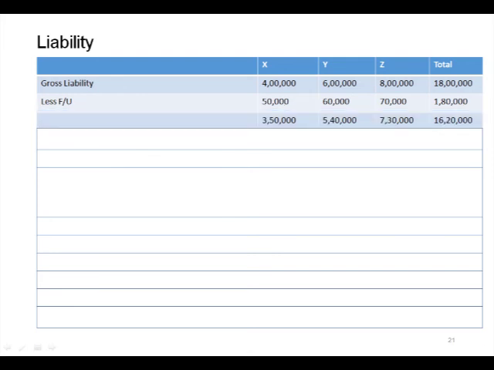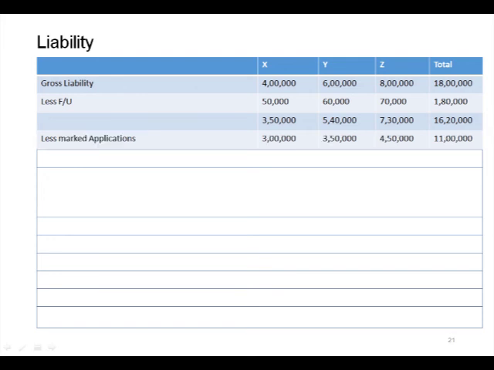The remaining liability is 3,50,000, 5,40,000, 7,30,000 of X, Y, Z respectively. The total liability is 16,20,000.